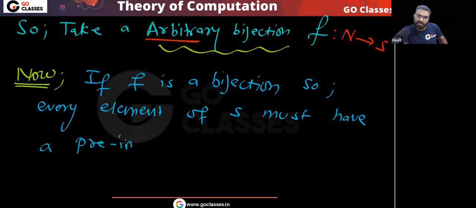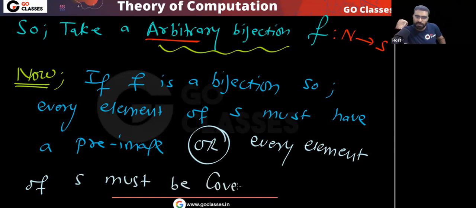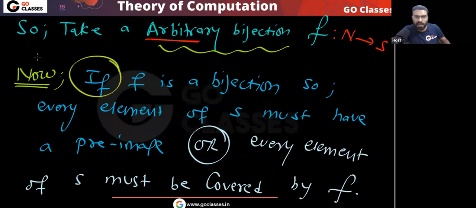Or I can say every element of S must be covered by F. Yes or no? Very simple. If F is a bijection, then every element of S must be covered.